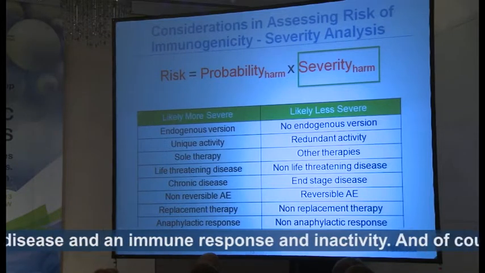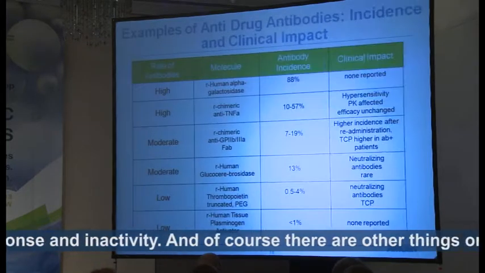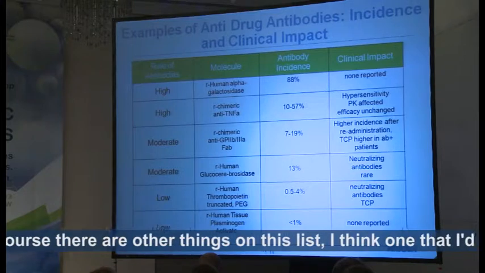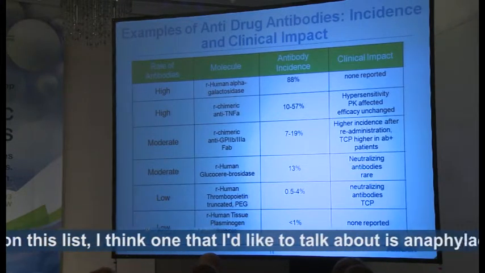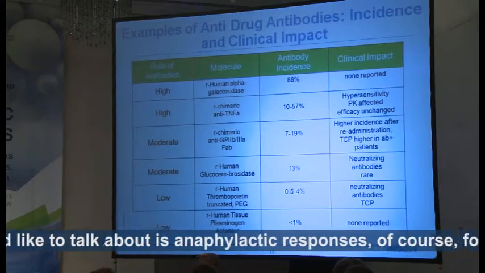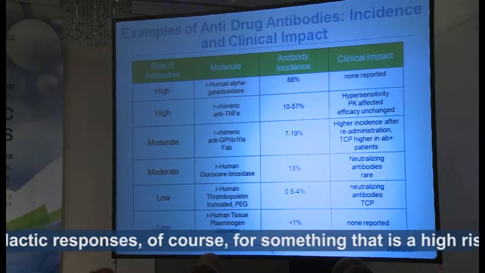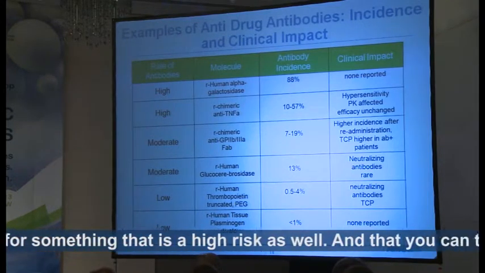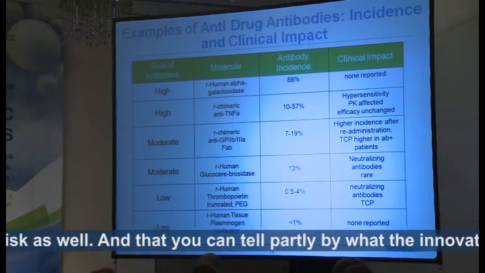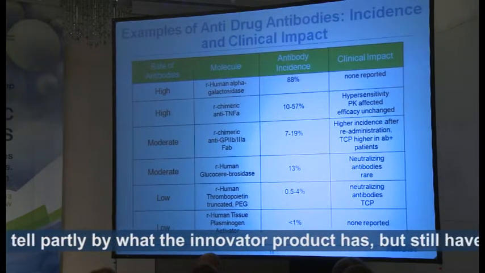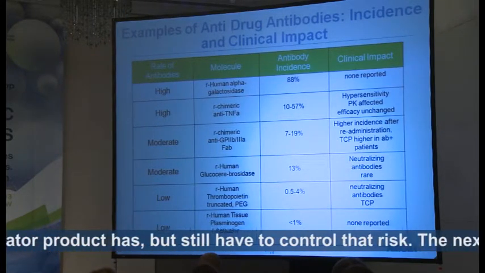to control that risk. The next slide, slide number 14, shows examples of anti-drug antibodies, incidence, and clinical impact. And the point of this slide really is to say that the rates of antibodies, whether they occur at a high frequency or low frequency, do not correlate with the clinical impact.